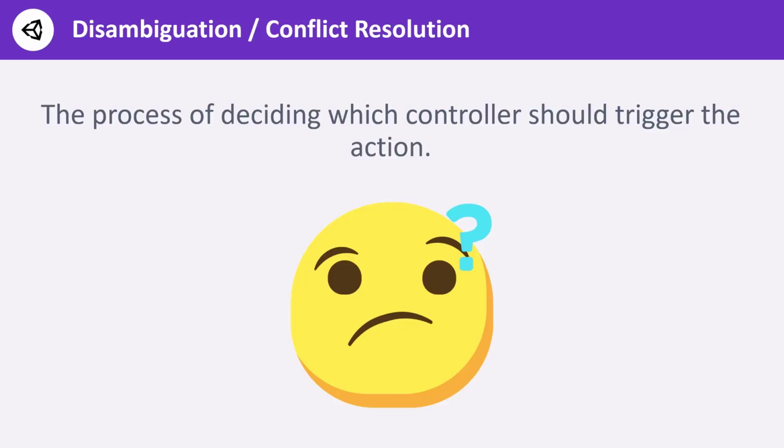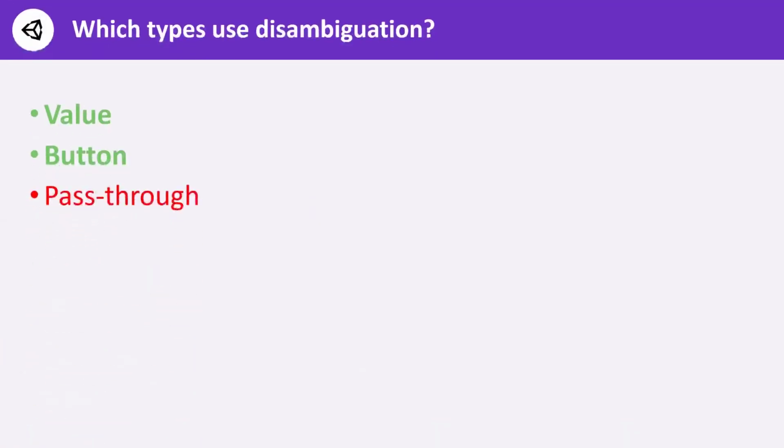Behind the scenes, Unity performs a few checks to make this decision. Disambiguation is performed with the value and button types. However, it's not performed with the pass-through type. If multiple devices are triggering the same action, all of them will cause the action to be activated. This behavior is the most significant difference between pass-through and the other types.